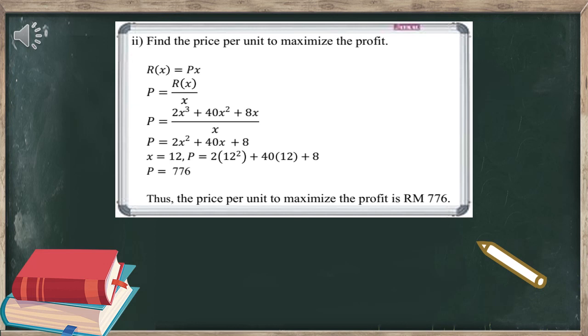Because the quantity that maximizes the profit is 12, we can place 12 into x, and then we get 2 times 12 squared plus 40 times 12 plus 8, and then we get the answer is 776. So the price per unit to maximize the profit is RM 776.